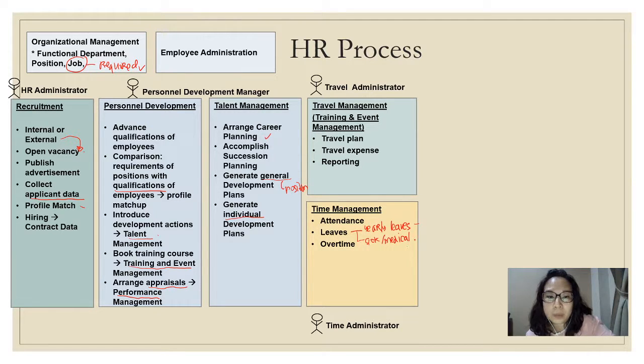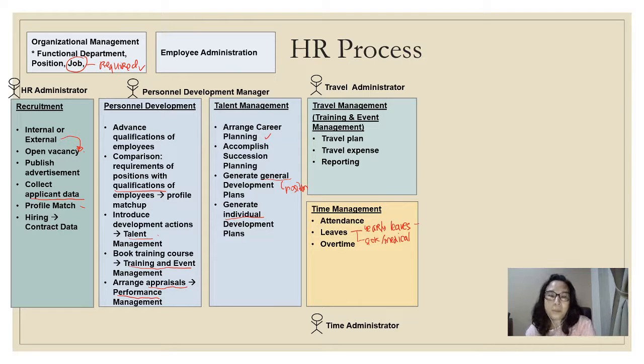When the employee is sick, usually the employee needs to get a medical letter from the doctor to prove that the employee is really sick. And if really sick, the company usually also has a policy whether the company will still pay the employee or not. And then we have another leave like maternity leave for a woman who just gave birth.